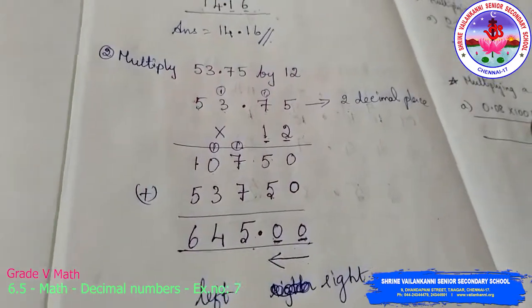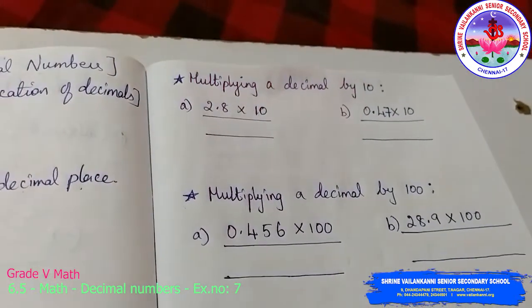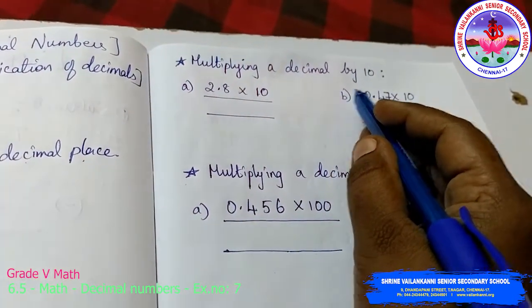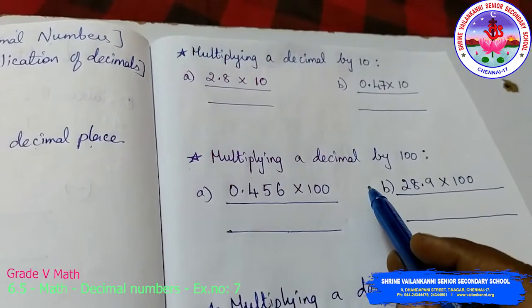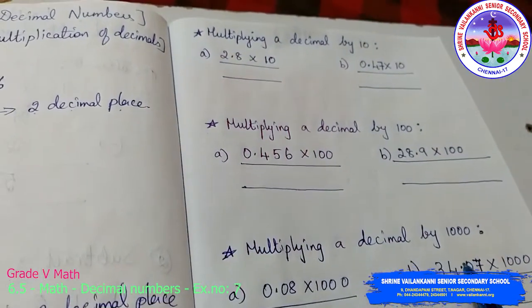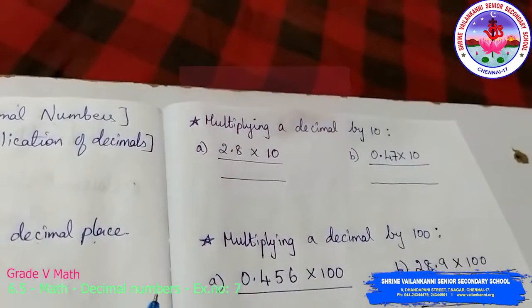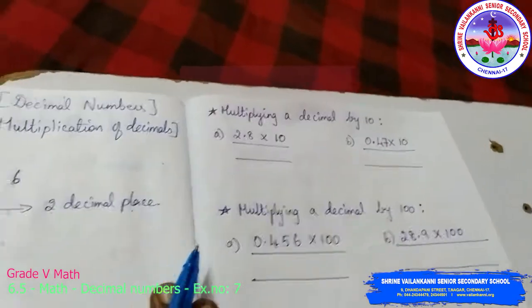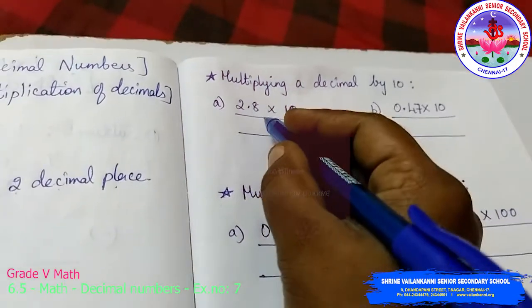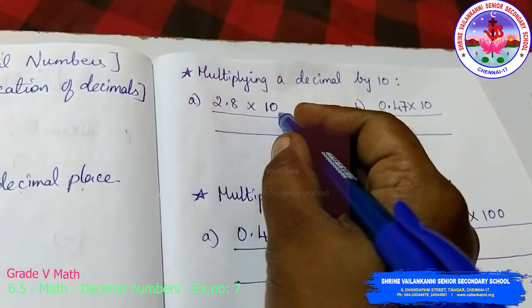Okay. So we'll go to the next topic: multiplying a decimal number by 10, multiplying a decimal number by 100 and multiplying a decimal number by 1000. In short, we are going to see how to do multiplication of a decimal number with 10, 100 and 1000. So here 2.8 into 10.